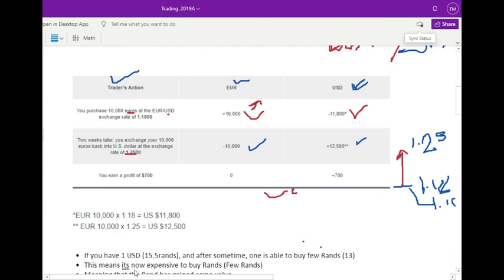So you can see now after two weeks, if you convert your euros back at a higher exchange rate, which is now 1.25, you are gaining more USD, which is 12,500. So the difference is plus. This is the difference, which means it's a plus. If it was negative, it would mean a loss; a plus is a profit, right?